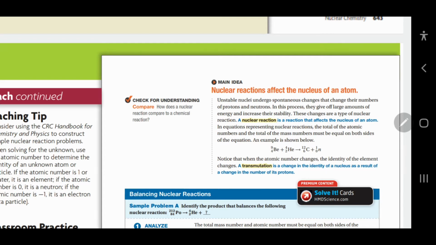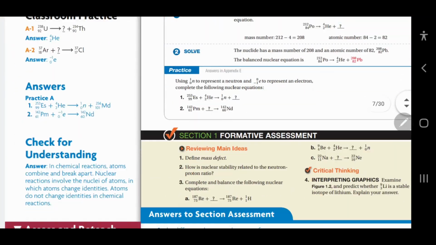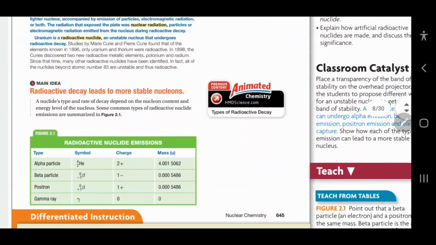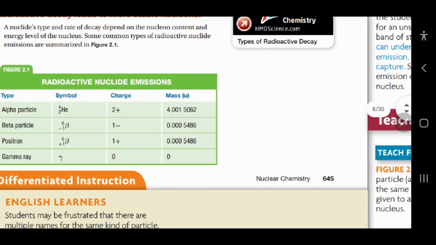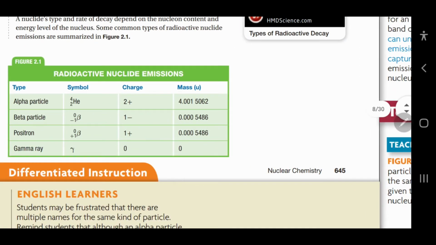And we said that the element will be changed totally to a new element, and this process happens by releasing or formation of 4 types of radioactive nuclide emissions.